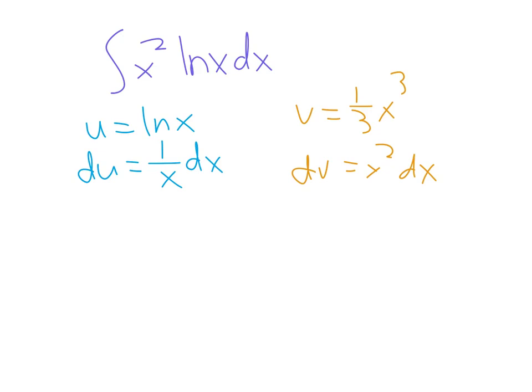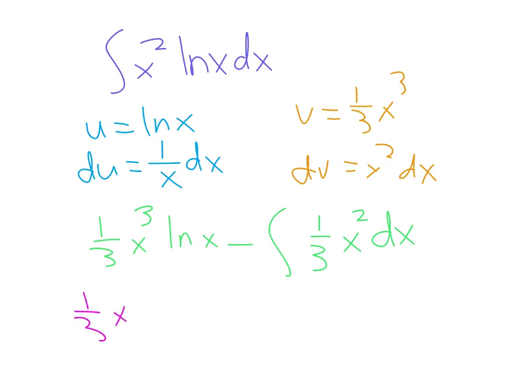All right. So that gives me uv, 1/3 x cubed natural log of x, minus the integral of v du. So that's going to be 1/3 x cubed over x, which is x squared dx.